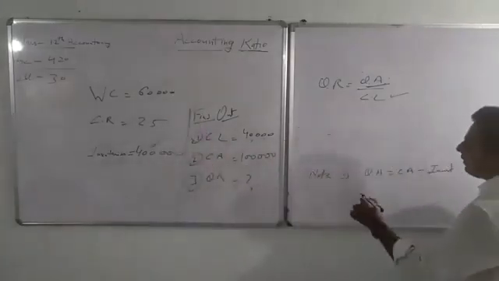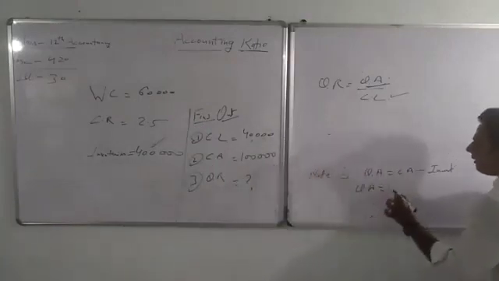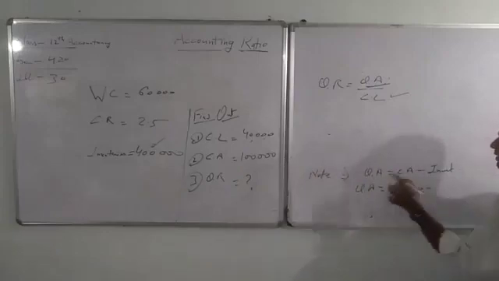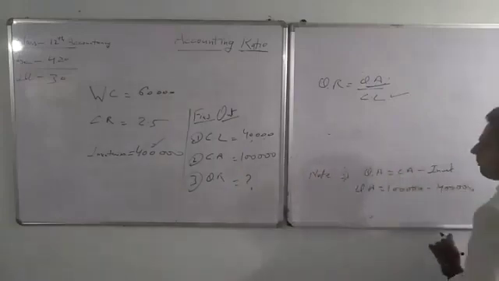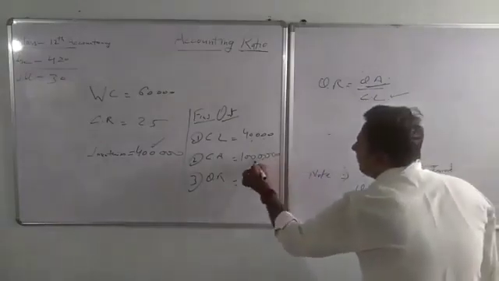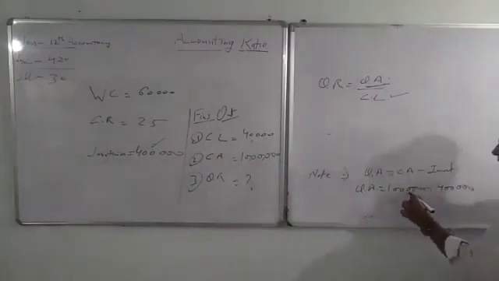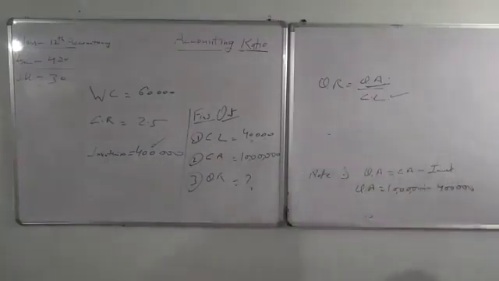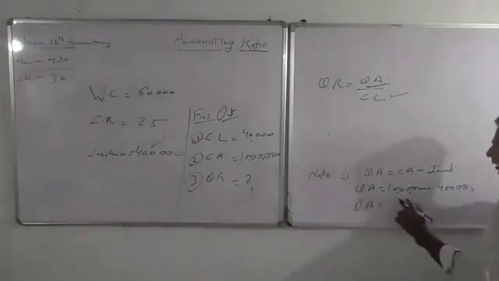So quick asset is equal to current asset 1 lakh minus 4 lakh. How can it happen? It is not 1 lakh. It is 10 lakh. That's why it is 10 lakh. So quick asset is equal to 10 lakh minus 4 lakh, 6 lakh.